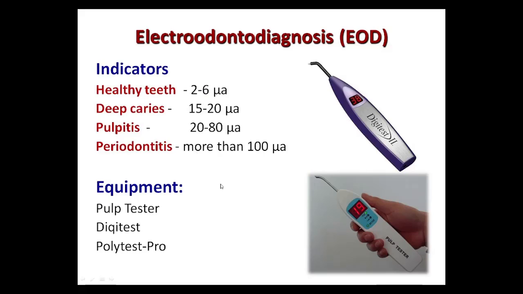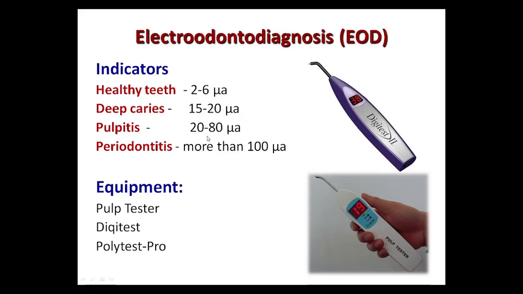And indicators: healthy teeth, normal reaction from 2 to 6 microamperes. During deep caries it may be about 15 to 20 microamperes.